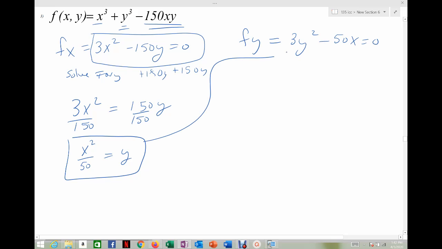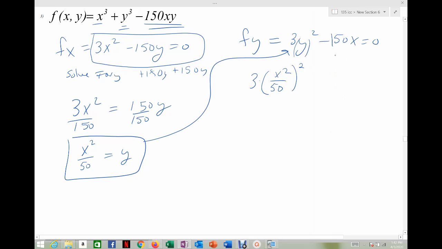And so that's what we're going to go up here and plug in for my y. And so when I plug it in, it goes in for y, so that expression is going to get squared and multiplied by 3. So it goes in just for the y part. Alright, so when I plug it in carefully, it's going to be 3 times that x squared divided by 50, still squared. Alright, the whole thing squared.